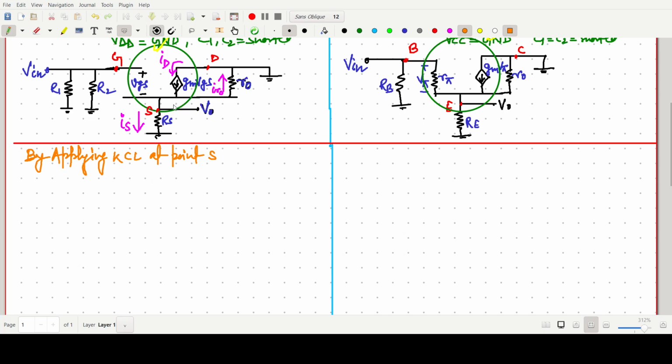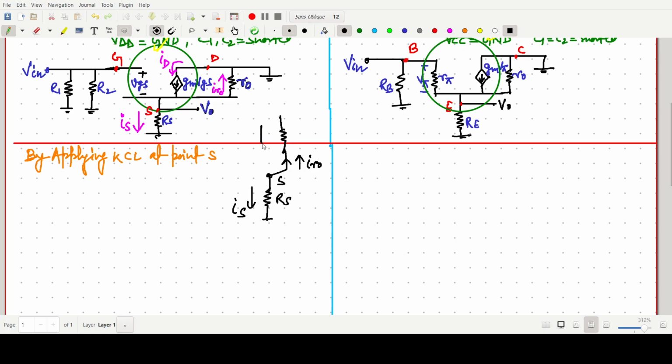So the current, this side, this one is RS. Some current is going like this, IS. And this point is our S. And some current is going like this, that is our I R naught through a resistor.